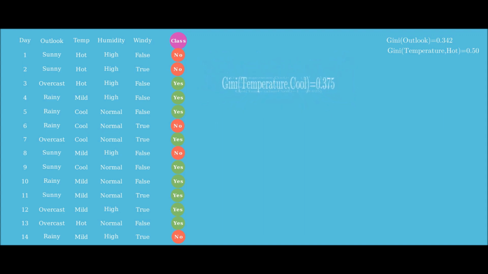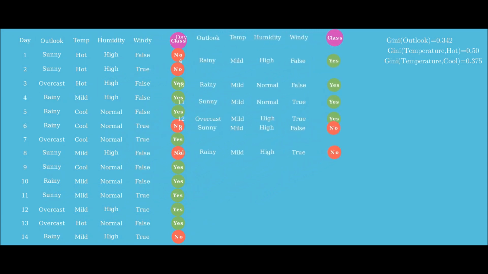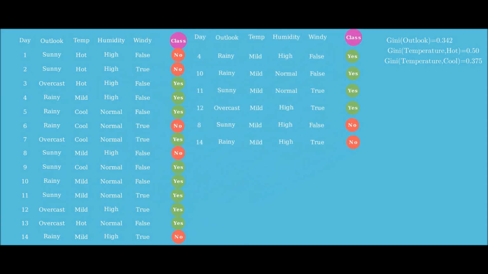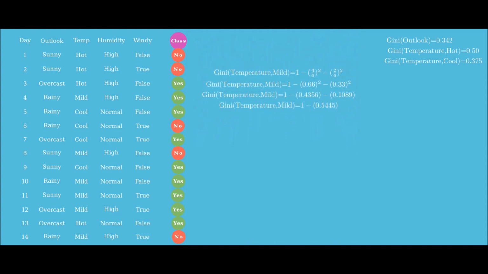Now the third value is mild. For value mild of feature temperature there are 4 classes that are yes and 2 classes that are no. So Gini index would be 1 minus 4 upon 6 whole square minus 2 upon 6 whole square, and that would be equal to 0.4555.